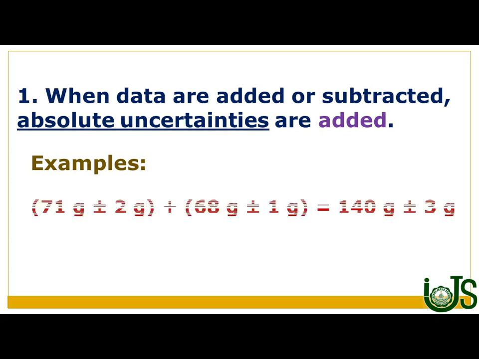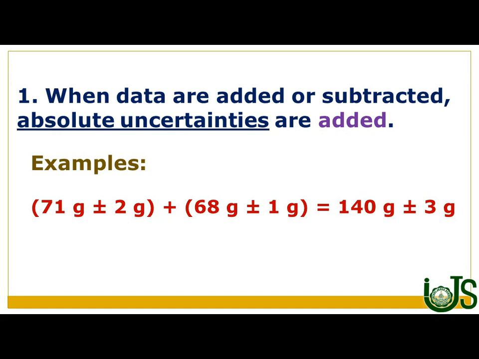So for example, 71 grams positive negative 2 grams plus 68 grams positive negative 1 gram. So we have 2 datas. So para ma-combine sila, you just add the given measured value and also add the given absolute uncertainties.